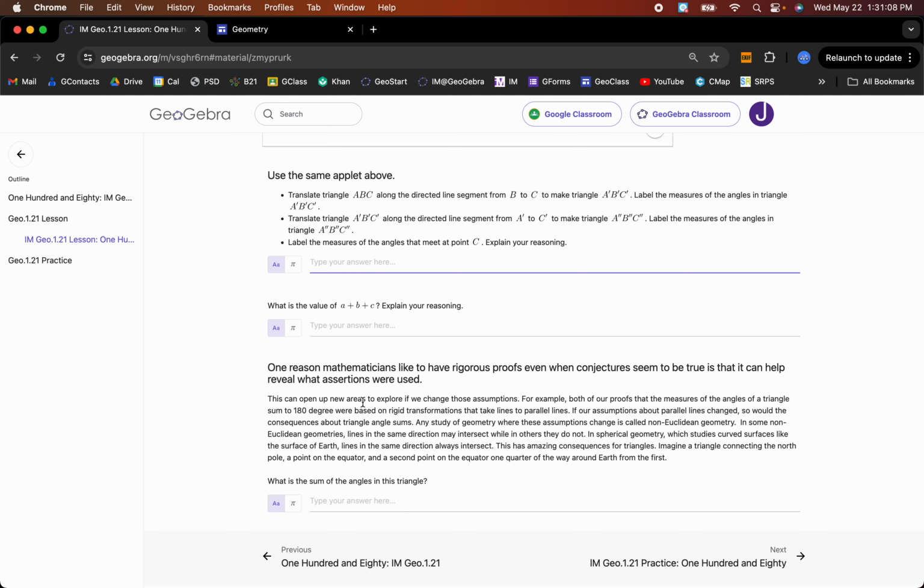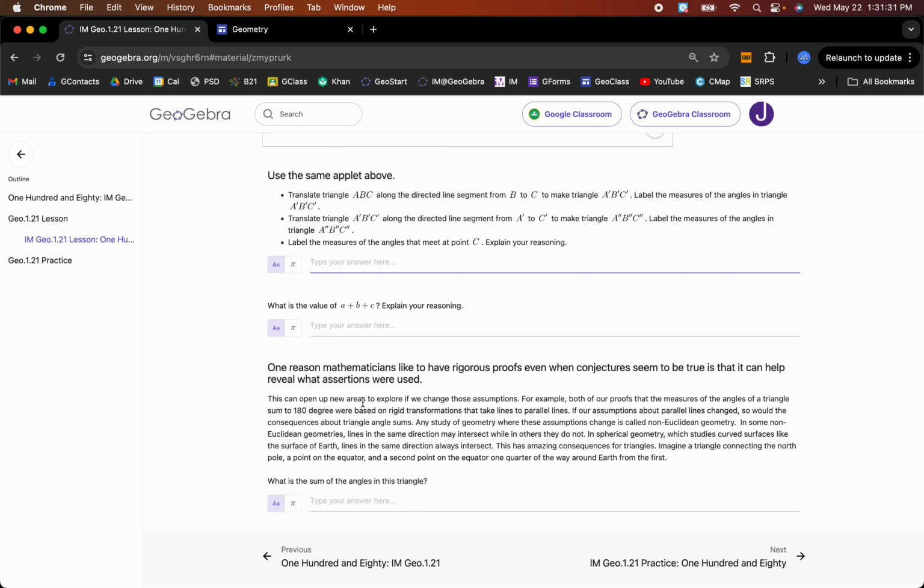Okay. In some non-Euclidean geometries, lines in the same direction may intersect, while others do not. In spherical geometry, which studies curved surfaces like the surface of the Earth, lines in the same direction always intersect. This has amazing consequences for triangles.